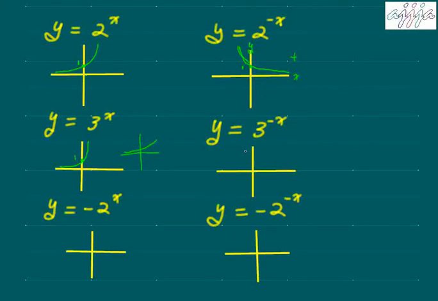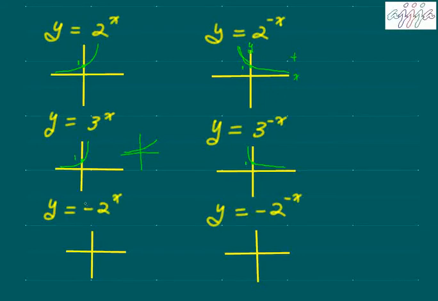What about this one? Sharper, because of the bigger number on the base. The bigger the base is, the sharper the graph is. Same thing, but very sharp, like that. This one is still 1 right there.